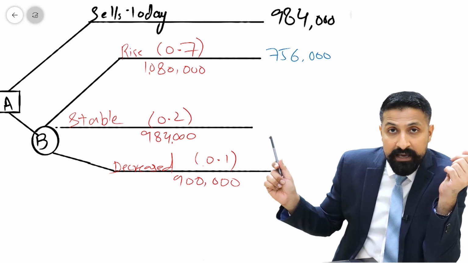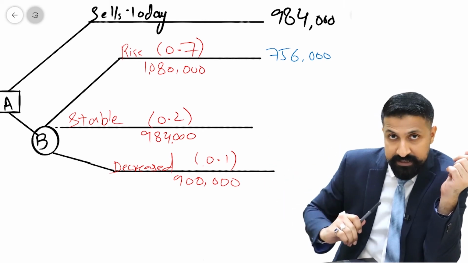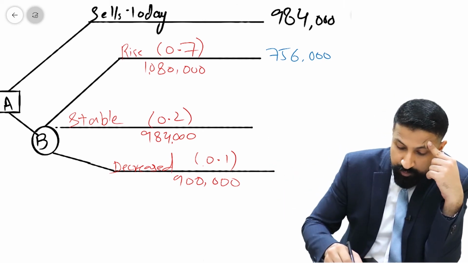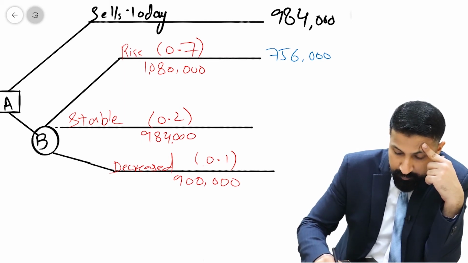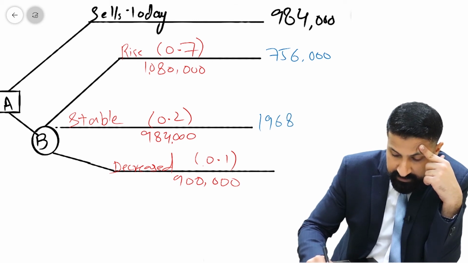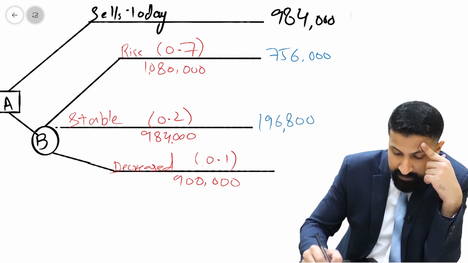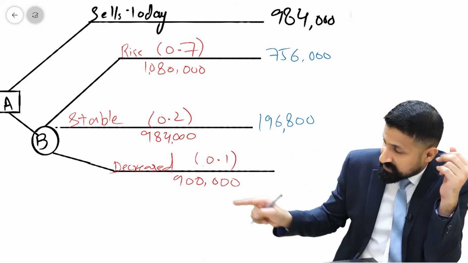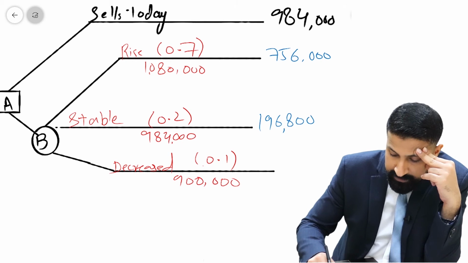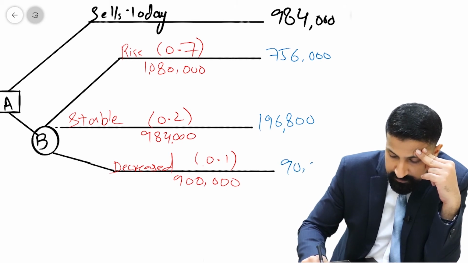Now please multiply the stable probability. When you multiply 0.2 with 984,000, you will get your expected amount, which is 196,800. Now please multiply what if the prices decrease. Then the expected amount will be 90,000.